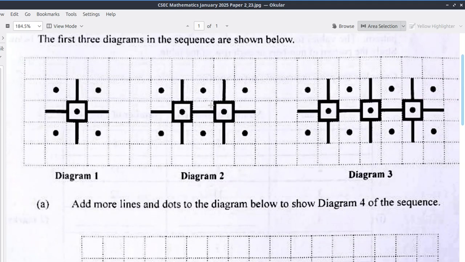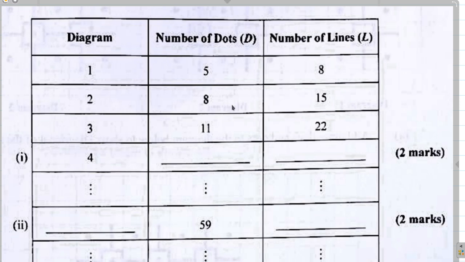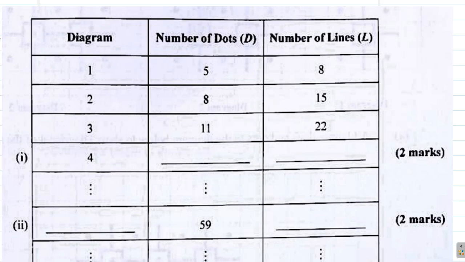Now, the important thing is this: how many dots and how many lines do you actually add? Well, when you put on this part here, you add 3 dots. So this is 5. This is 5 plus 3 gives you 8. This is 5 plus 3 plus 3, giving you 11.